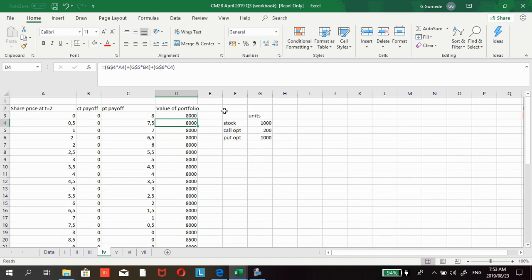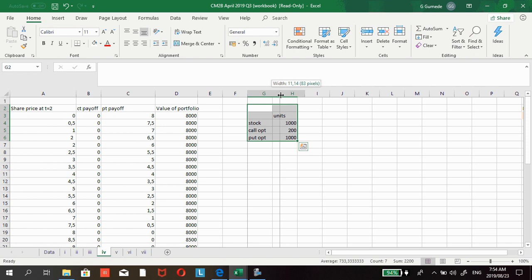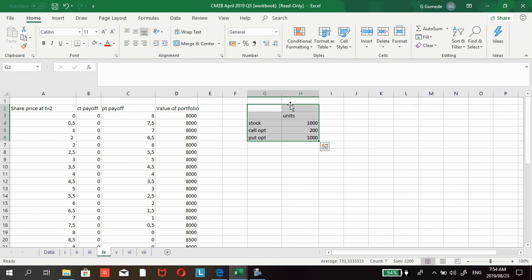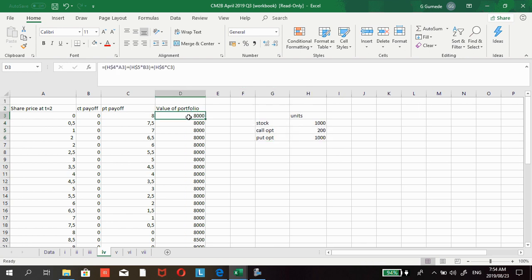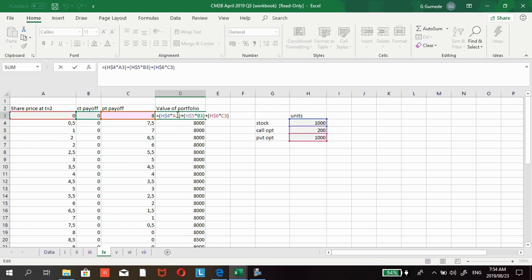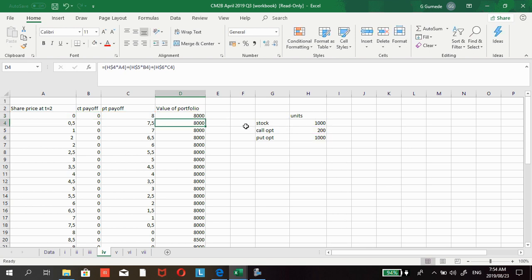So how are we going to get this probability? Now these values here correspond to the probabilities given in this question here, because if you remember, you had your share price here, and you are given the distribution of the share prices. So I'm going to use that in order to calculate this probability here. I need the column for probability.